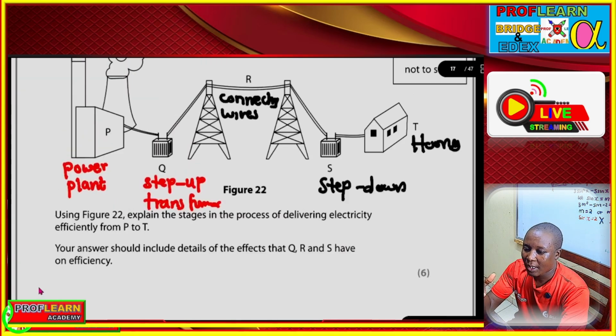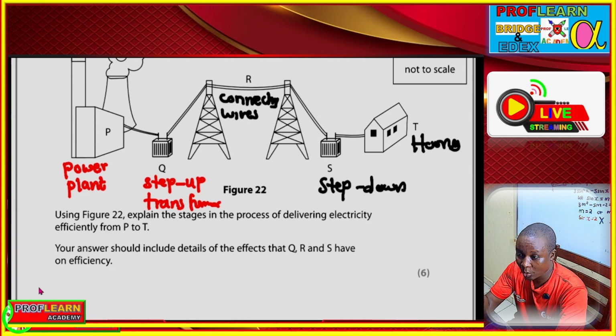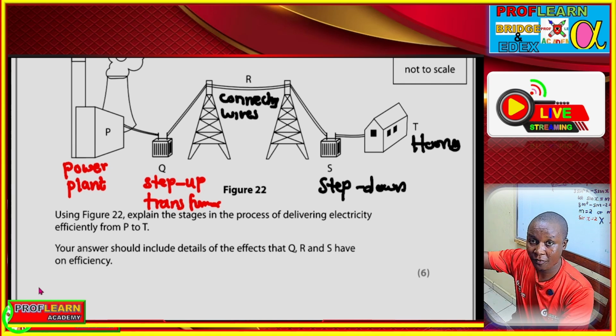In this question, we are supposed to state, using figure 22, the stages in the process of delivering electricity efficiently from P to T. Your answer should include the details of the effects of Q, R, and S. We have said Q is the step-up transformer, which is going to increase the voltage.